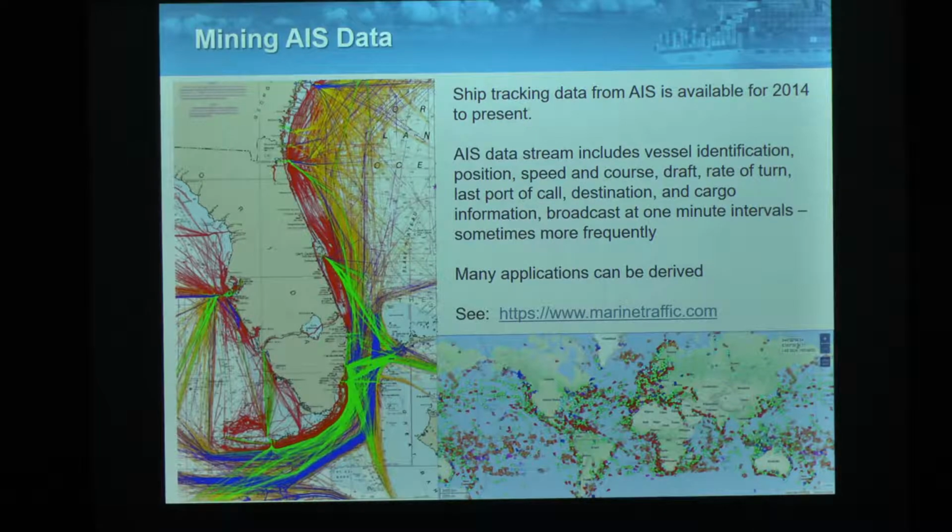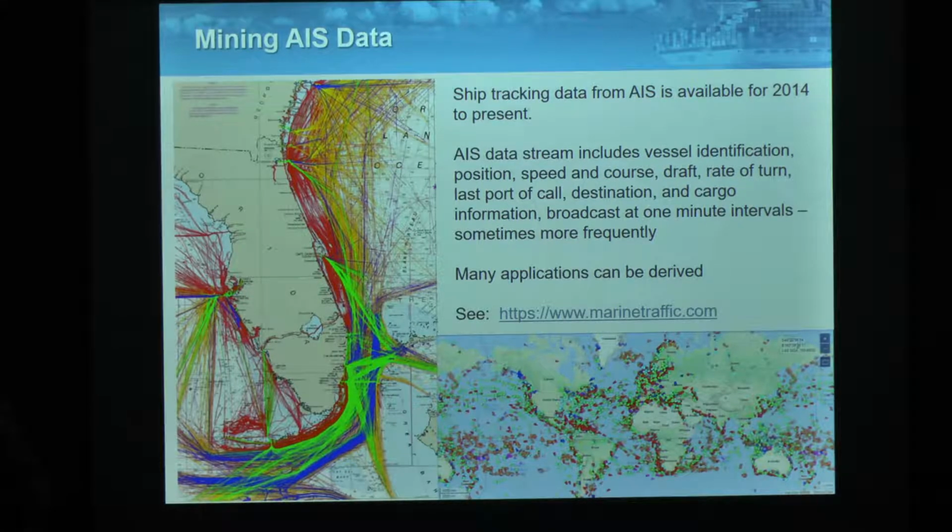Lately, we've begun mining this AIS data, this automated identification system. We've gotten all the data from 2014 through 2017 and some of the 2018 data.